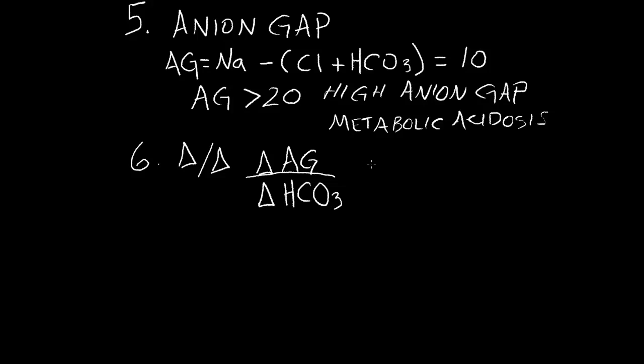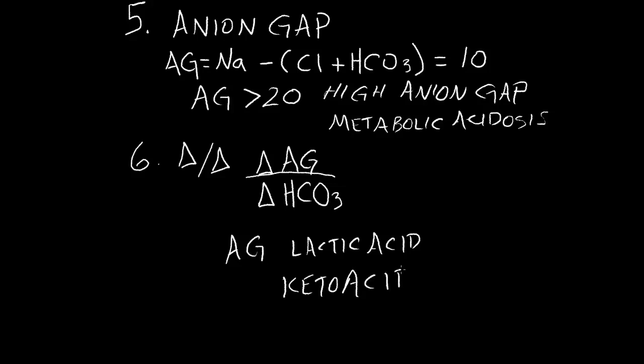An anion gap is produced in most cases from lactic acid or keto acid. This acid is going to be buffered by this bicarb in about a 1-to-1 relationship.